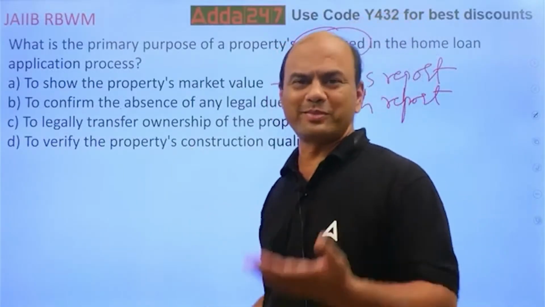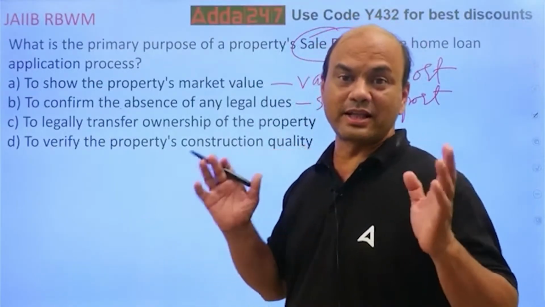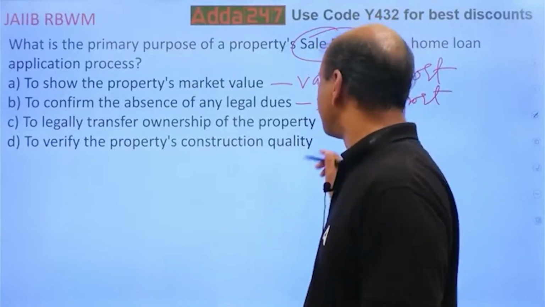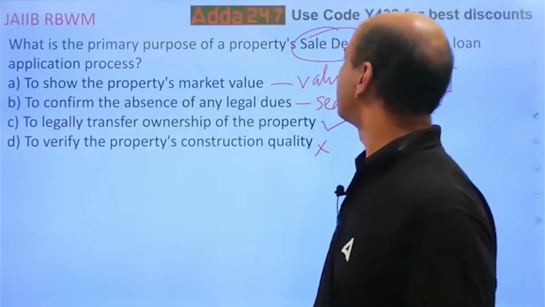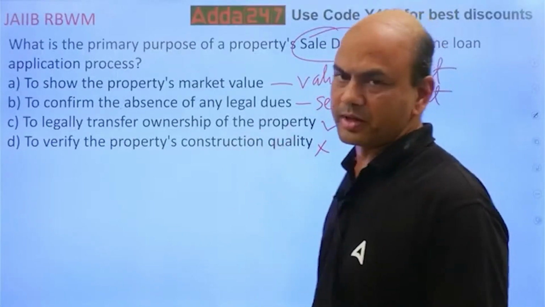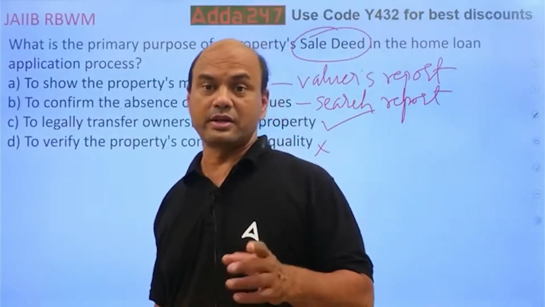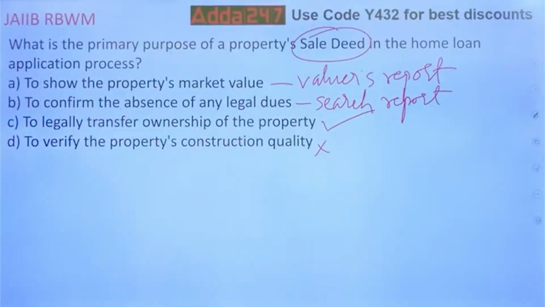For this, you will be needing a separate technician's report. So this is also out. So the only thing in is: to legally transfer the ownership of the property from the builder to the borrower. So that is the answer. Getting the point, everyone?